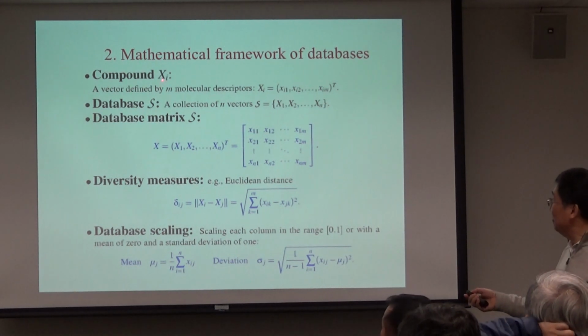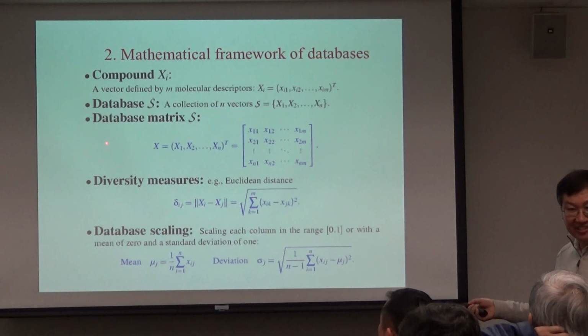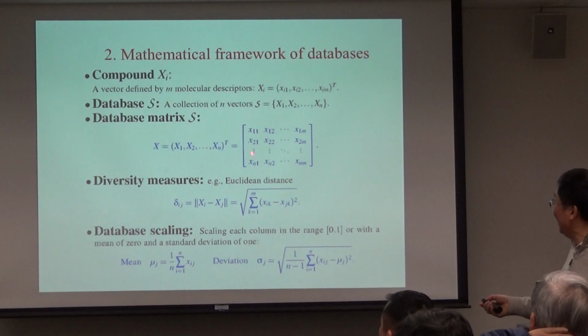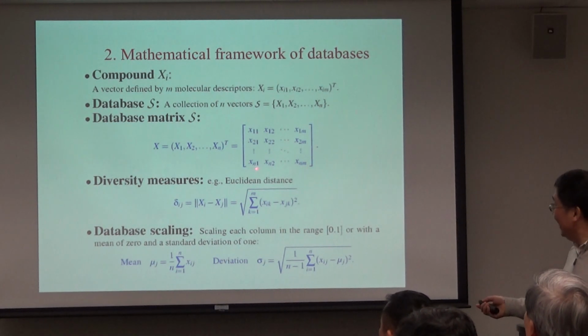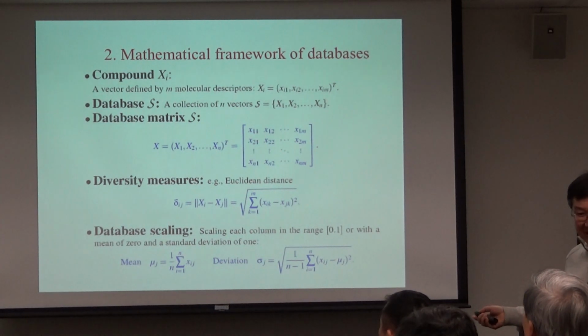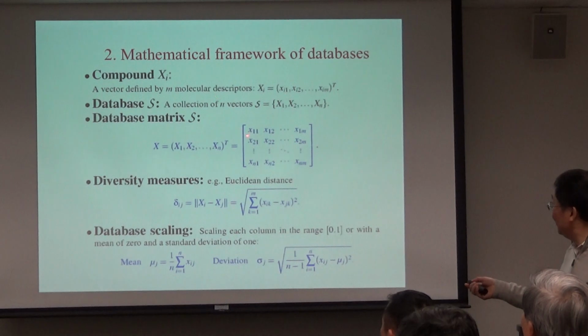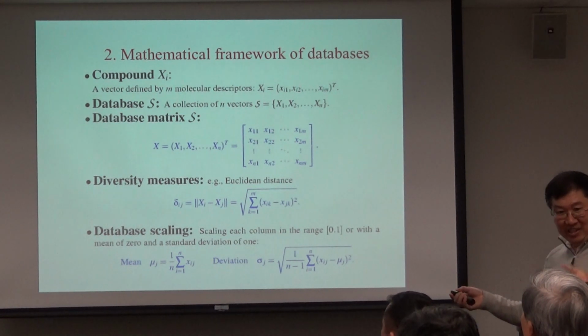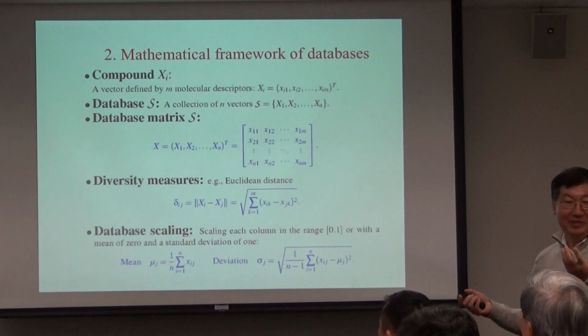Now we can list a database in a matrix. Like I say, this is just a matrix. So now you have an n by m matrix. n is the number of compounds, m is the number of descriptors. Each row represents a chemical or drug. So that's the database we start with.